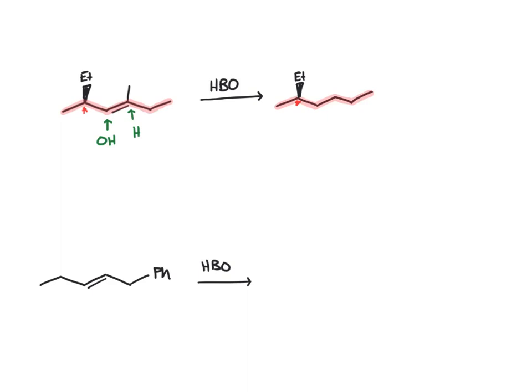Then we have the reaction taking place at these two carbons. So let's say both groups come in from the front, the H and the BH2. That means we're going to have the OH on a wedge and hydrogen on a wedge.